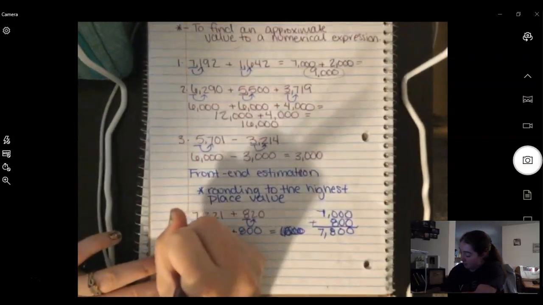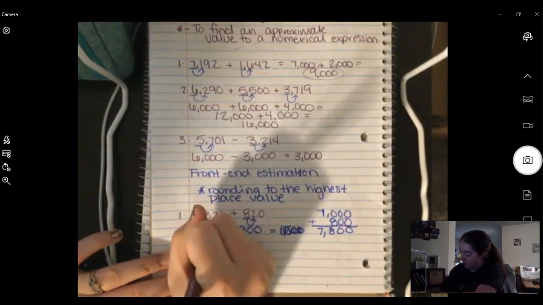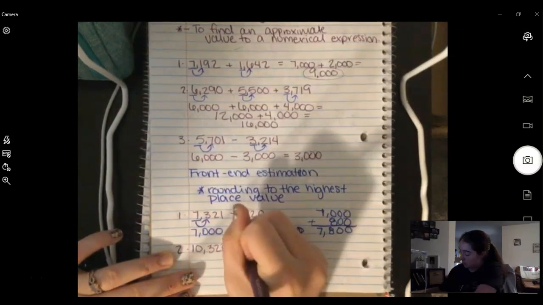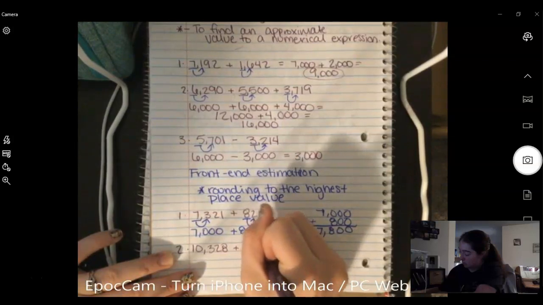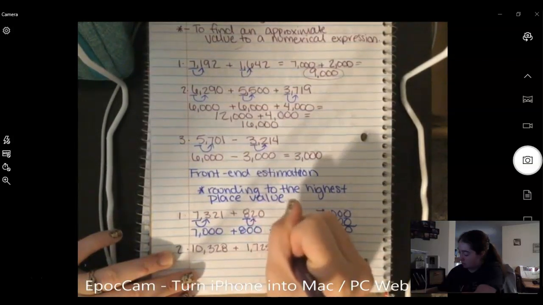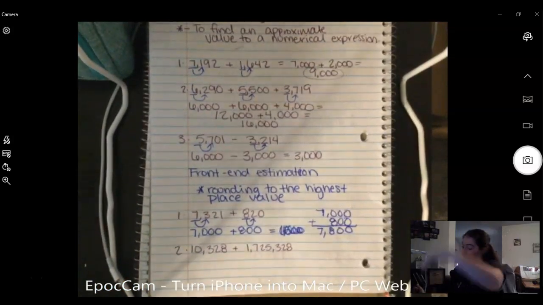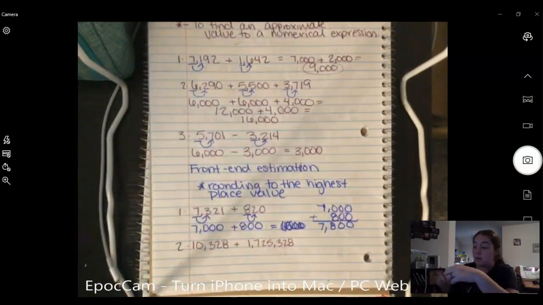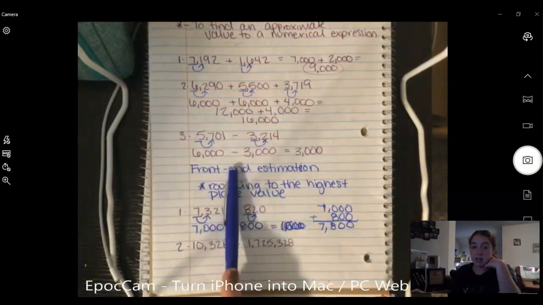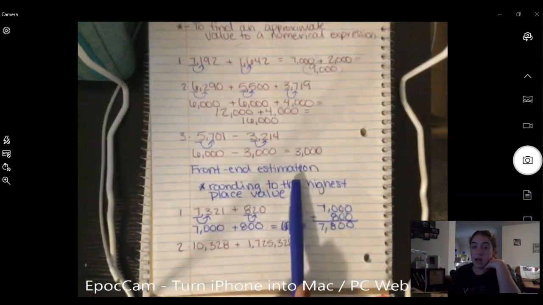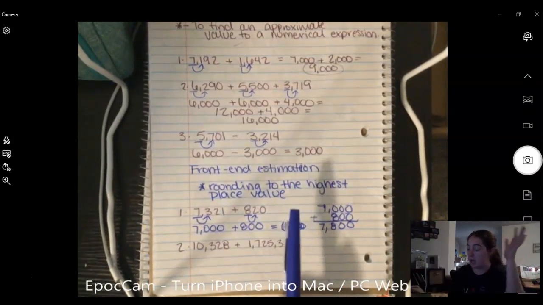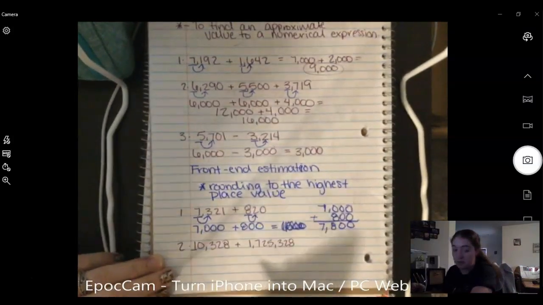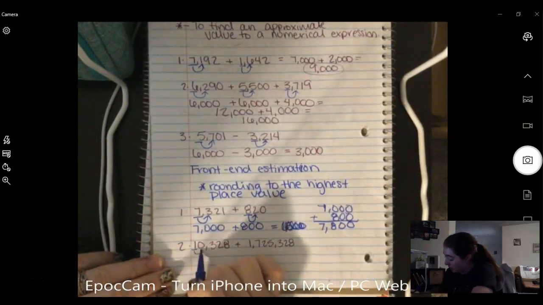Okay, so let's do one more for front-end estimation. If I have this, ooh, I made a big number. All right, so if I have this and it's asking me to estimate, but it doesn't tell me what place value to estimate to, we use front-end estimation, which means we're going to round to the highest place value of each number. For this number, the highest place value is in the 10,000s, so I would round to the 10,000s.